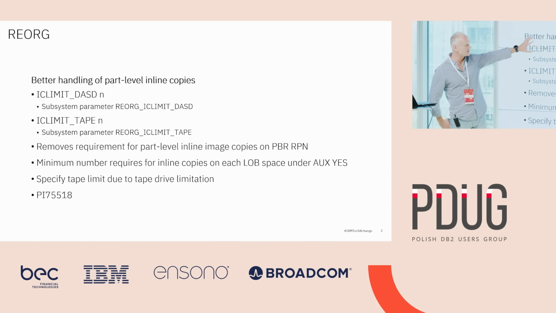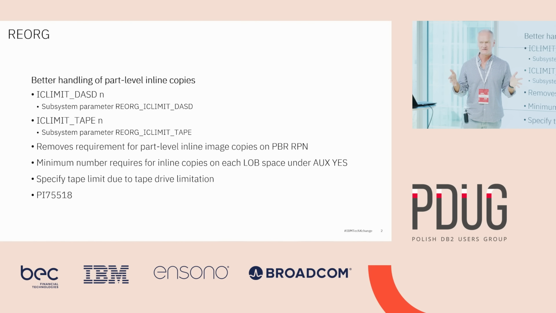The problem here is to do with partition-level inline image copies for the Reorg utility when we're reorging multiple partitions. The Reorg utility has had support for partition-level image copies for many years. There's no keyword Reorg parameter for the creation of partition-level image copies.